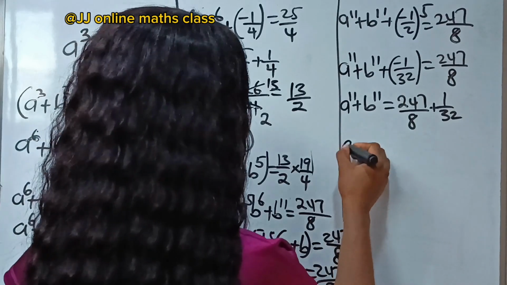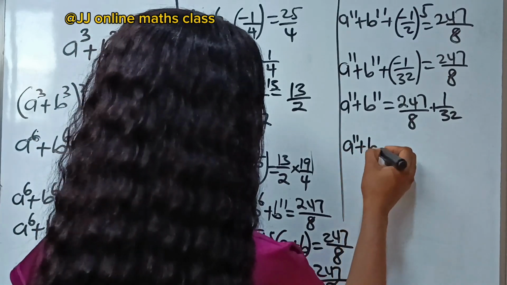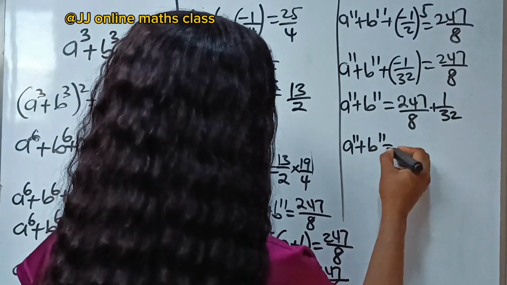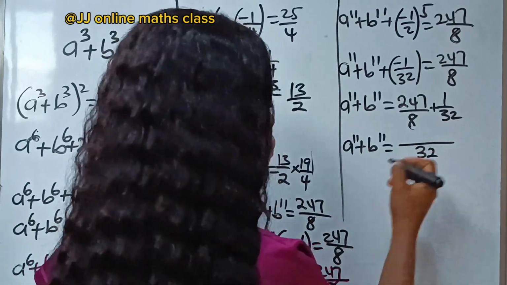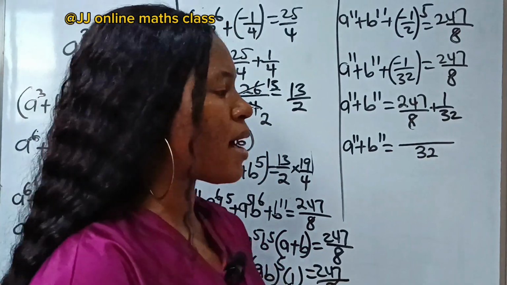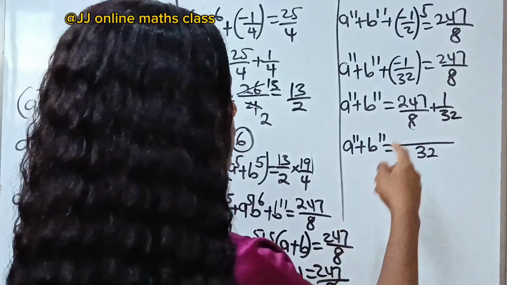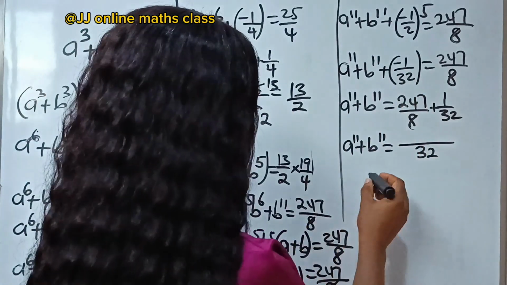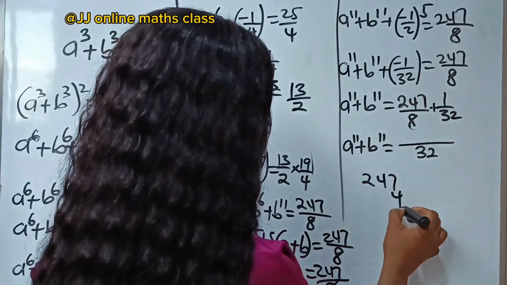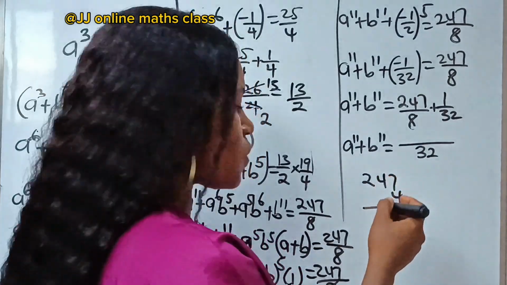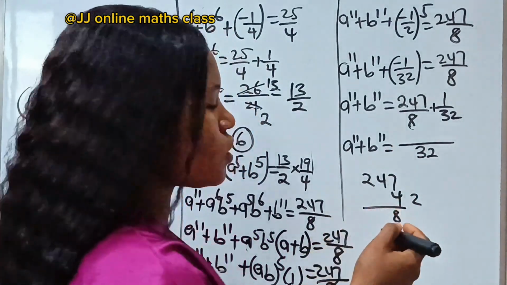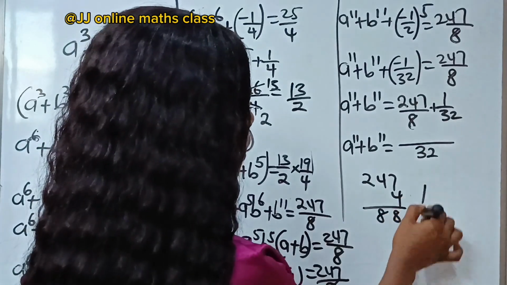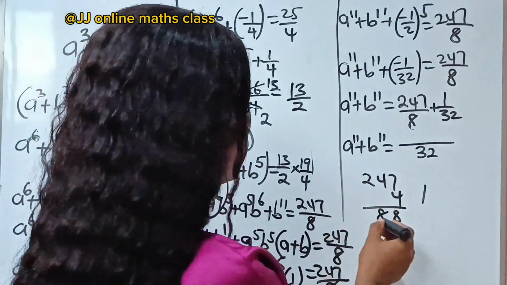So we have a to the power of 11 plus b to the power of 11 is equal to, now the LCM of this and this is 32. When 32 is divided by 8, you have 4. 4 times 247: 4 times 7 is 28, 4 times 4 is 16 plus 2 is 18, 4 times 2 is 8 plus 1 is 9.